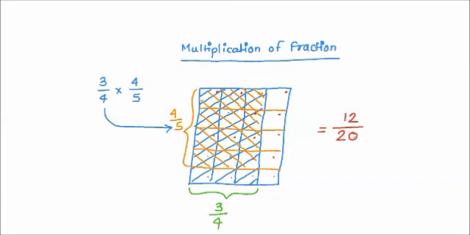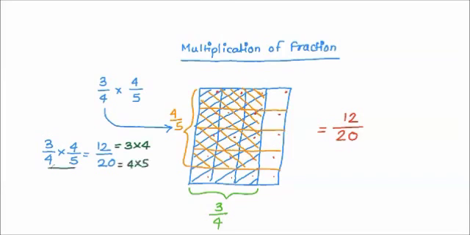Now if I observe the pattern, 3 upon 4 multiplied by 4 upon 5 is equal to 12 upon 20. This 12 is same as 3 into 4, whereas this 20 is same as 4 into 5.